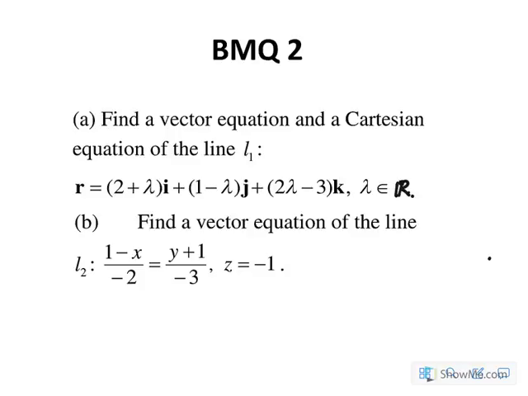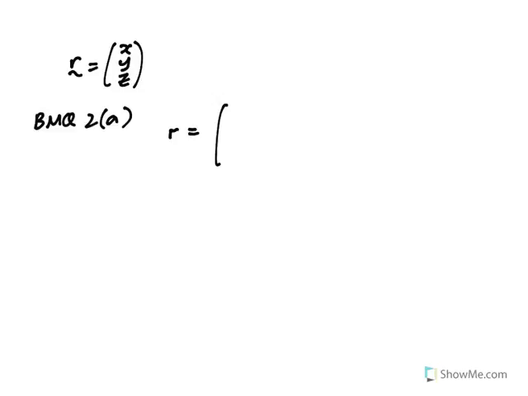We recognize that r can also be written as x, y, z. For 2A, our r looks like this. It's actually 2 plus lambda, 1 minus lambda, negative 3 plus 2 lambda. You can see that I purposely put the constants to one side, and those with lambda to the other side.